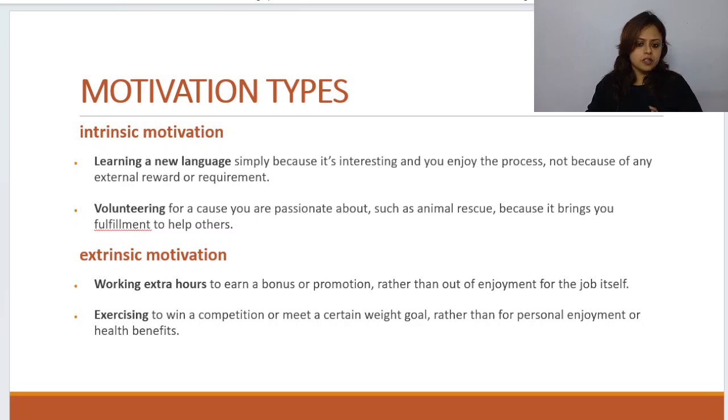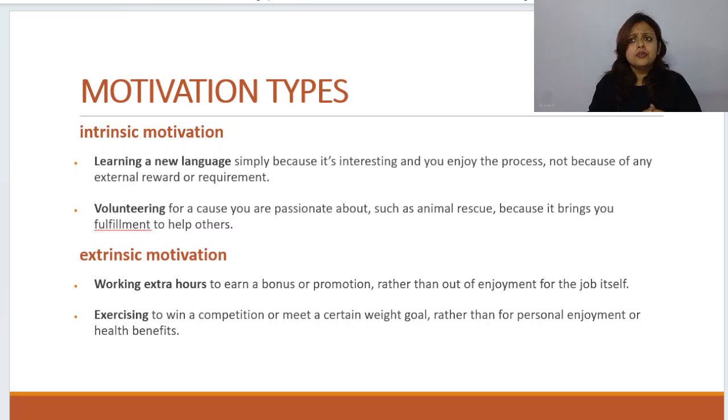Intrinsic motivation is an innate desire of an individual to do something that would ultimately help them to achieve the goal. For example, over here I have stated that learning a new language can be considered as intrinsic motivation. Again, volunteering can also be considered as intrinsic motivation.